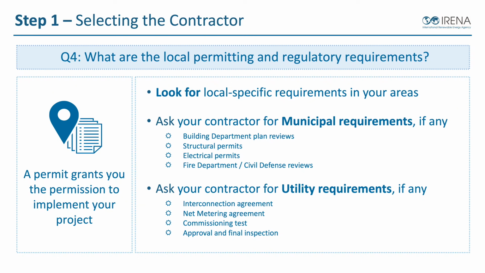We also want to ask our contractor for utility specific requirements, if there are any, if we're talking about a utility connected system. Things that can come from the utility side could be interconnection agreements. So if my solar system is going to connect with the utility grid, what sort of a contract agreement do we have to be legally interconnected with the utility system?